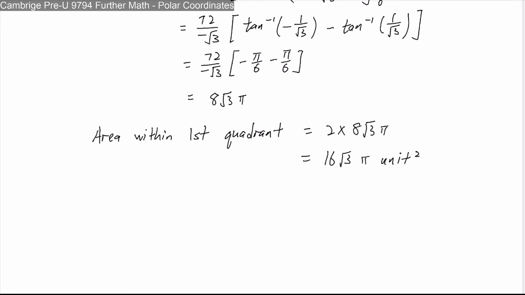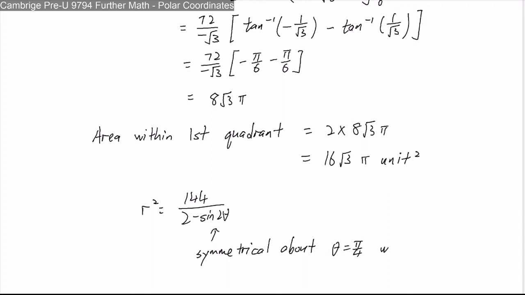This is due to the fact that r squared equals 144 over 2 minus sine 2 theta, and this sine 2 theta is symmetrical about theta equals pi over 4 in the first quadrant.